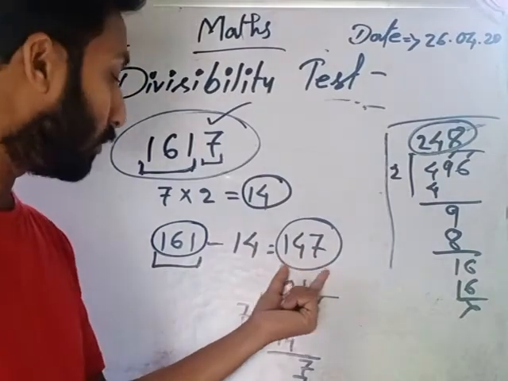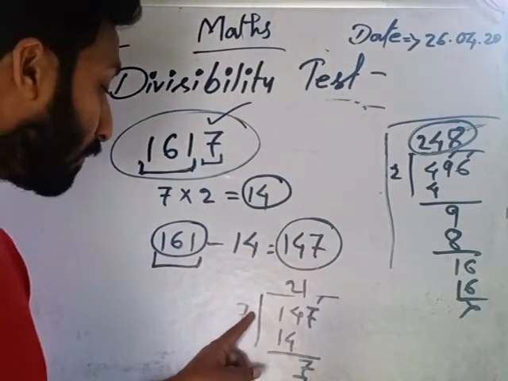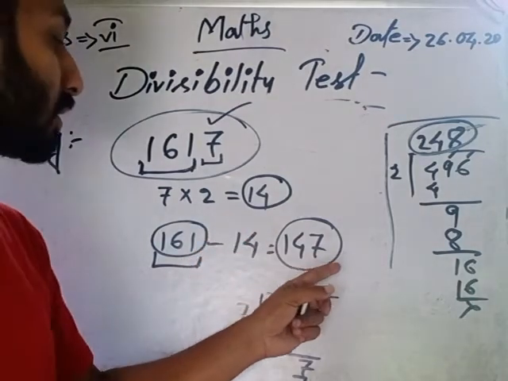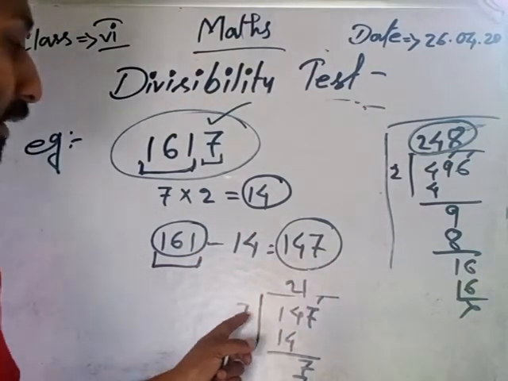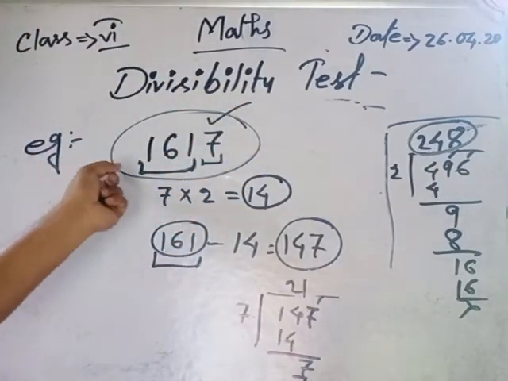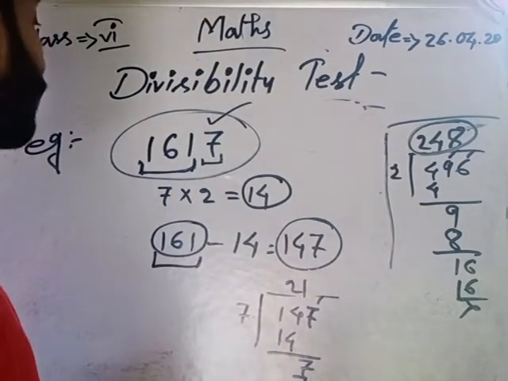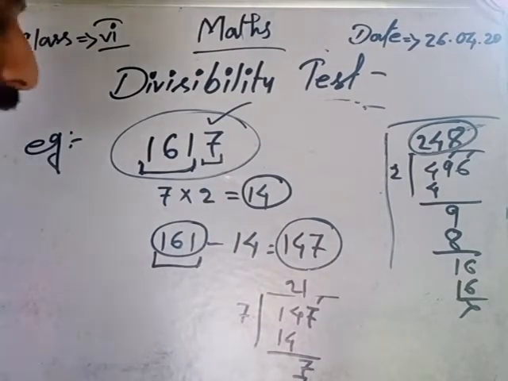After that we get 147. If the subtraction result is divisible by 7, then this number is divisible by 7. This is the divisibility test of 7.